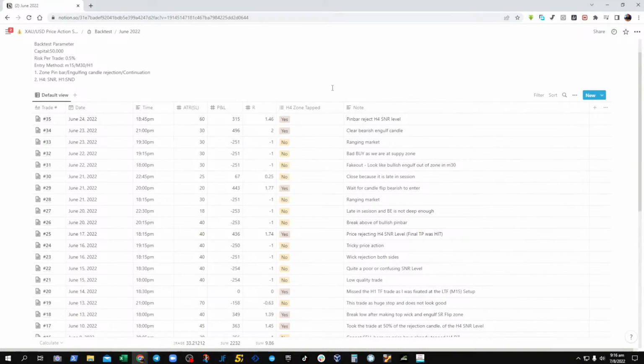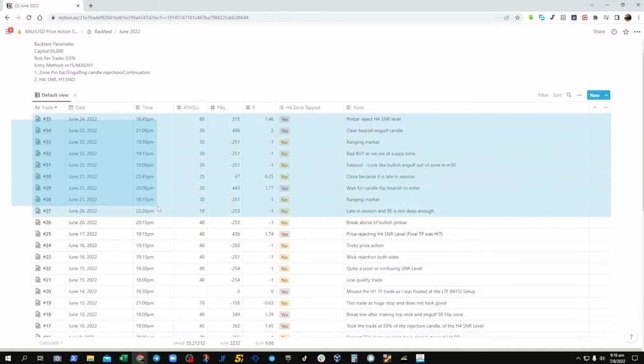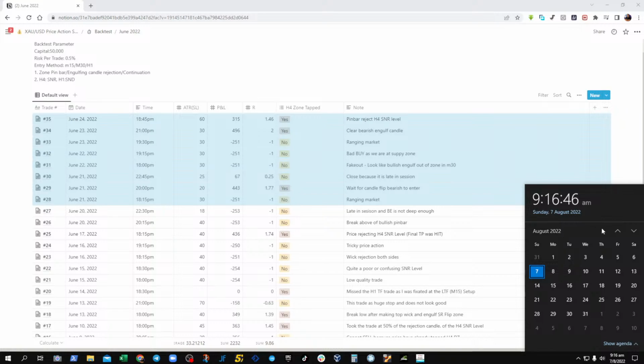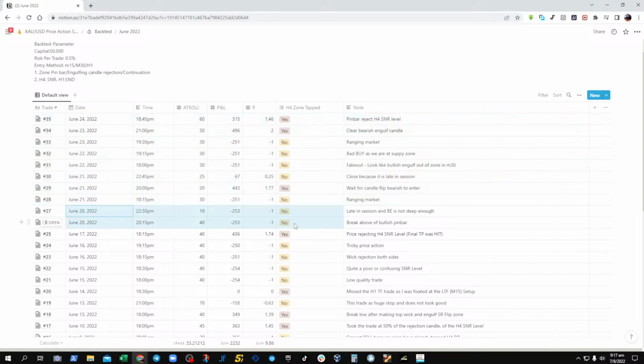And as you can see here from the journal, this is the week of 20th to 24th of June. So we started the week pretty rough. We got a losing day on Monday, which is these two, and then Tuesday is a profit day.